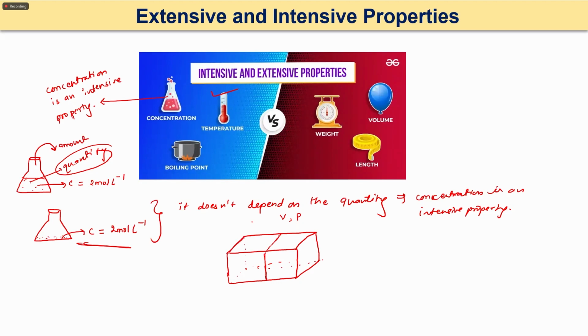Let's say the volume of this room is V1 and the volume of this room is now V2, because volume is getting changed. But do you think the pressure of the room will change? No, the pressure will remain the same.